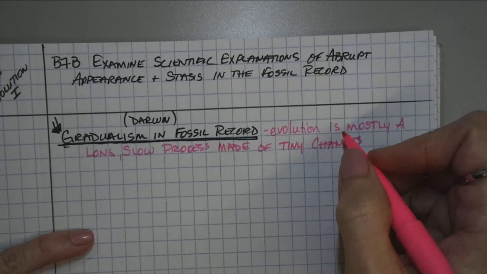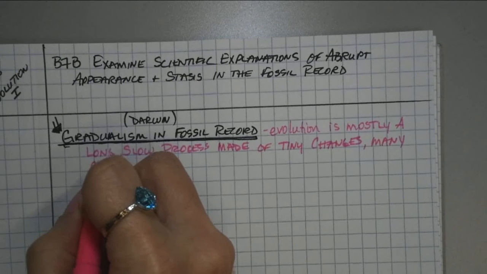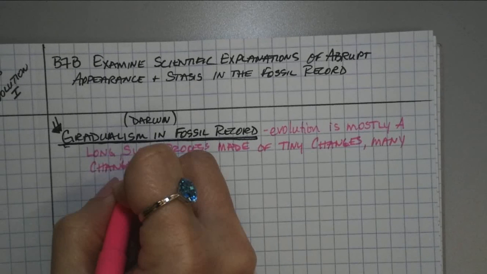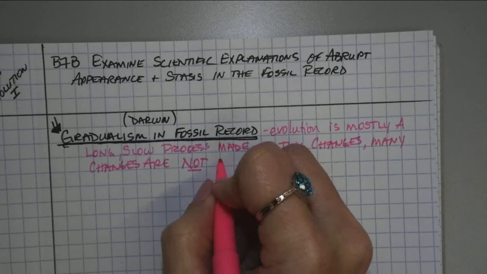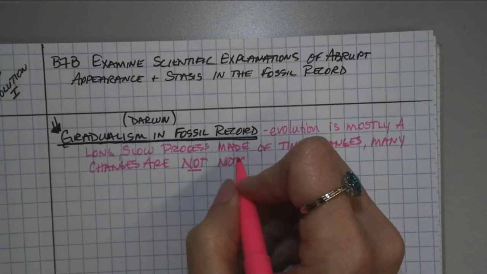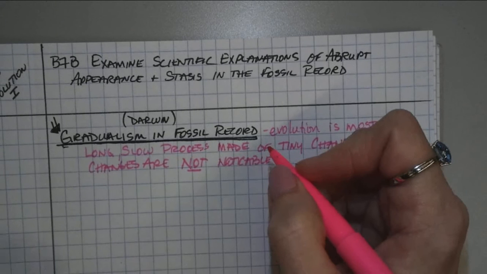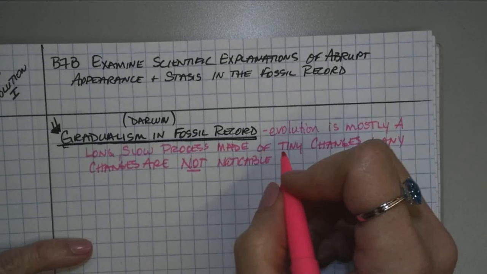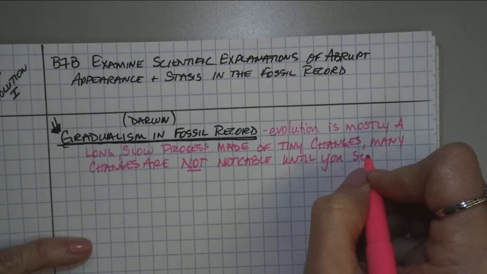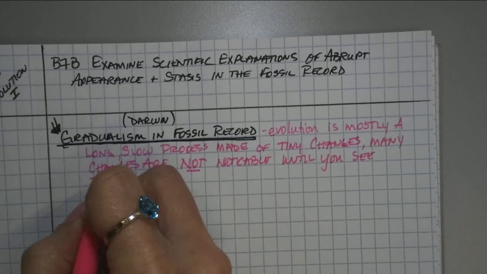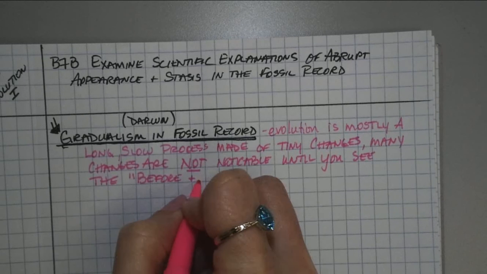They're such tiny changes until you see the before and the after. And I'm going to put that in quotation marks, before and after. So the changes happen so slowly that you don't really notice it.